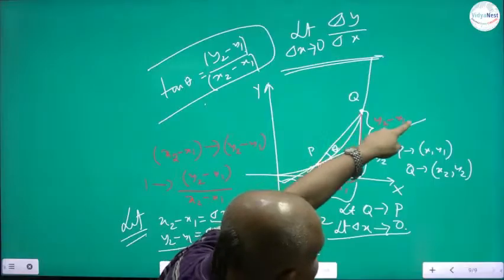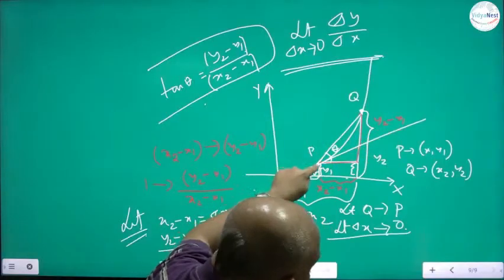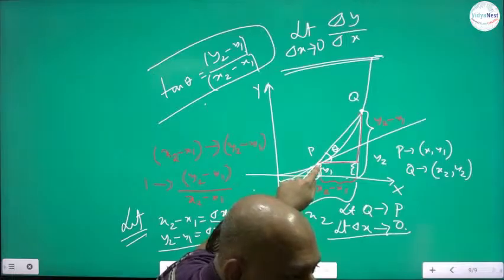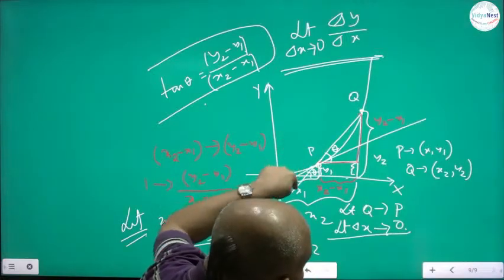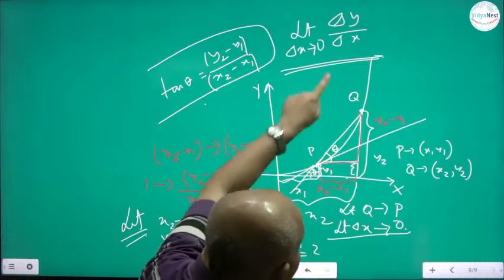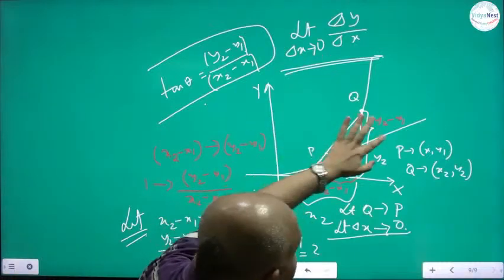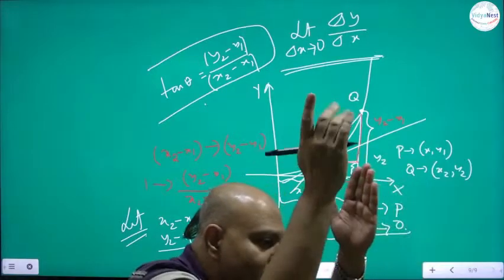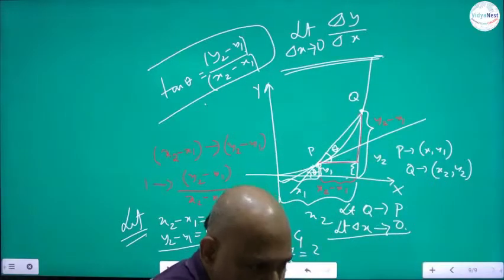Which straight line? Tangential straight line at this point, at the point P. Previously it was a chord, but now in this situation it has become a tangent. Tangent, you know, na? Tangent. When a straight line touching a curve in one single point.